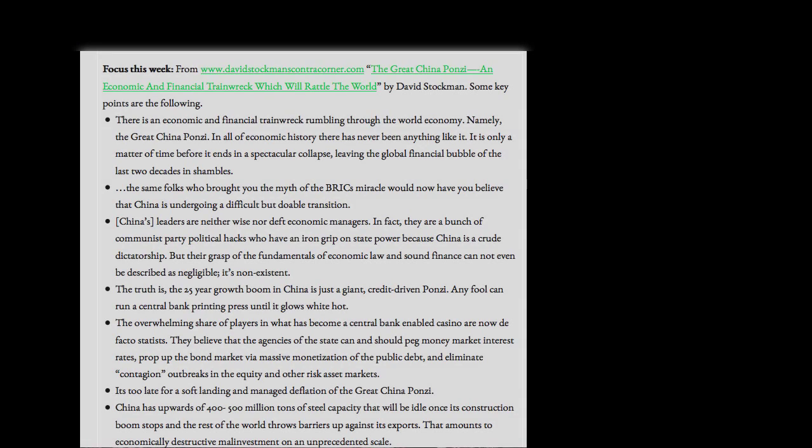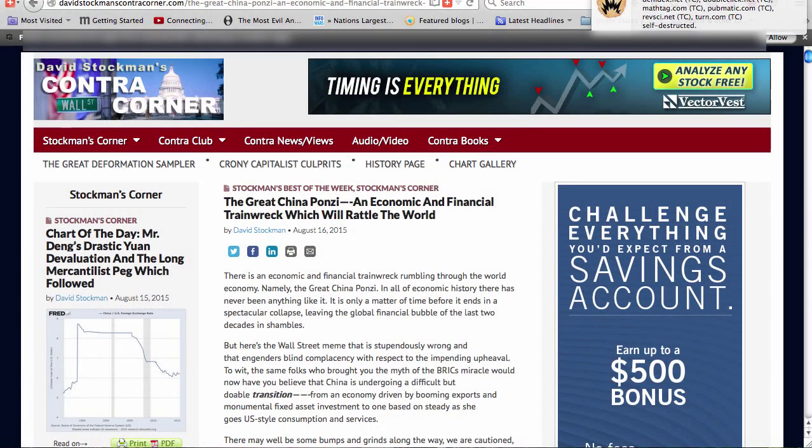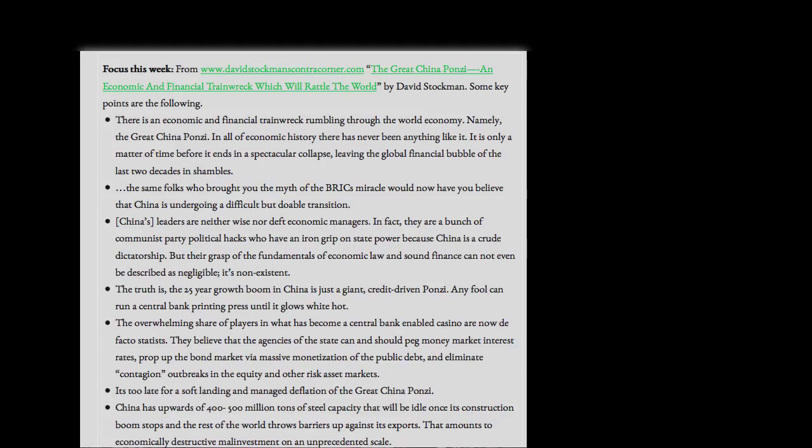Focus this week from www.davidstockmanscontracorner.com. The Great China Ponzi, an economic and financial train wreck which will rattle the world, by David Stockman. Some key points are the following.